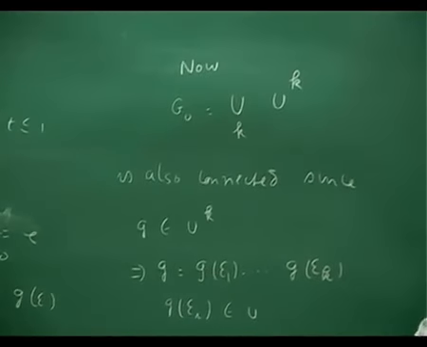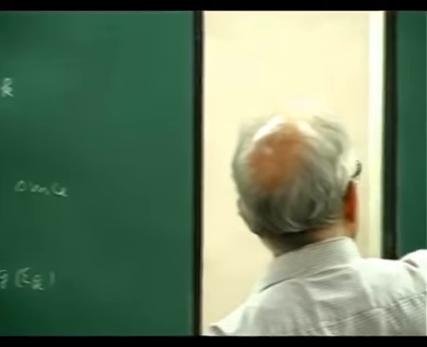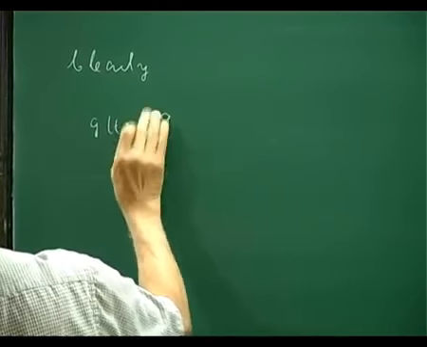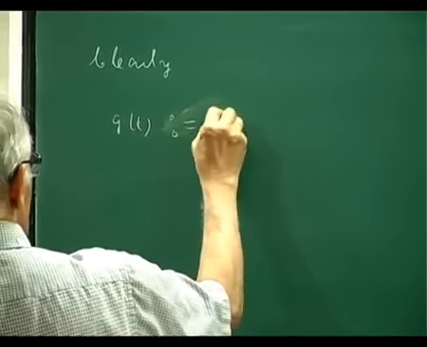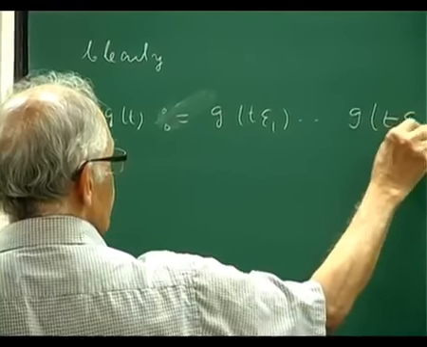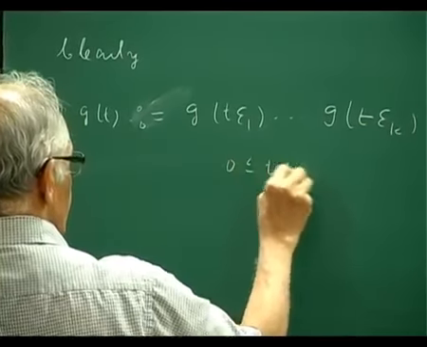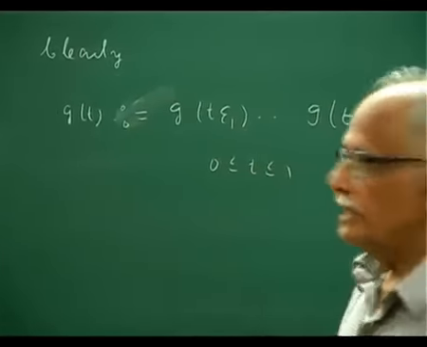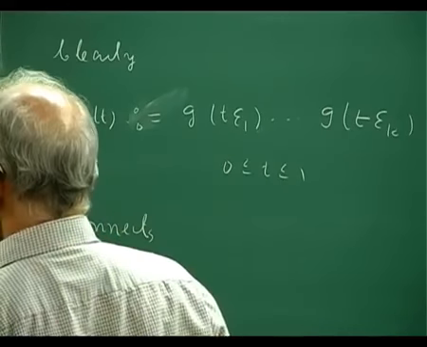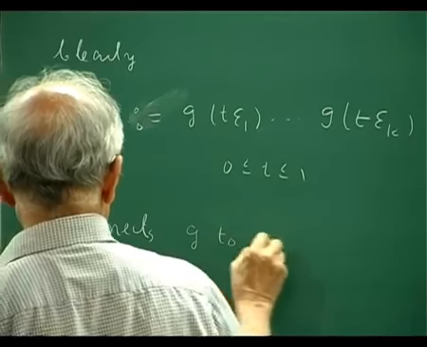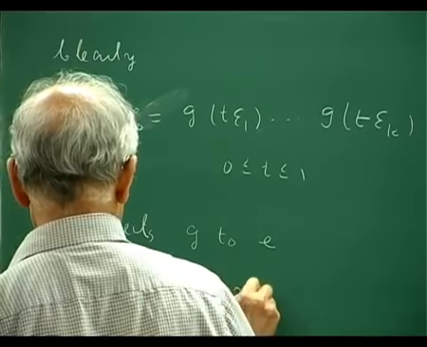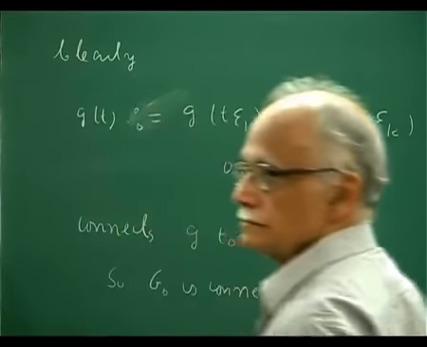And clearly g(t), which is by definition g(t epsilon 1) through g(t epsilon k), with t from 0 to 1, connects g to e. So G0 is connected.